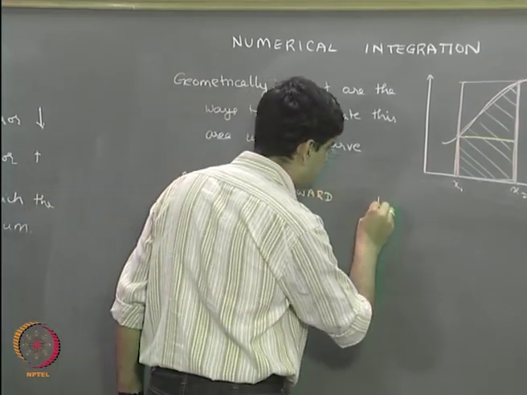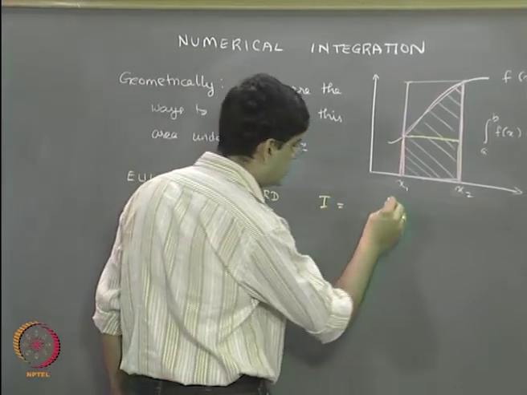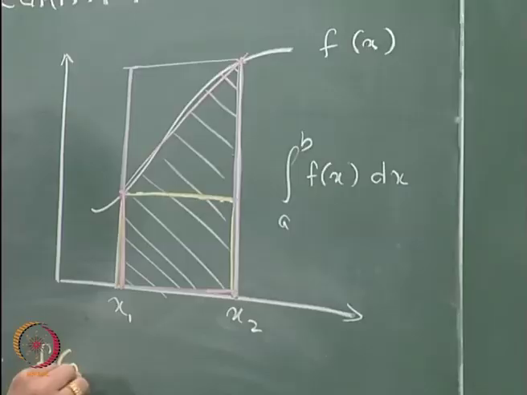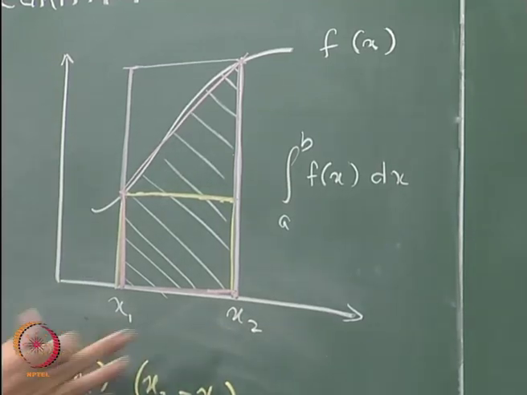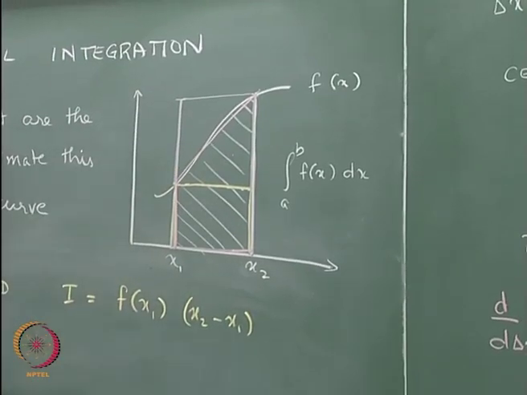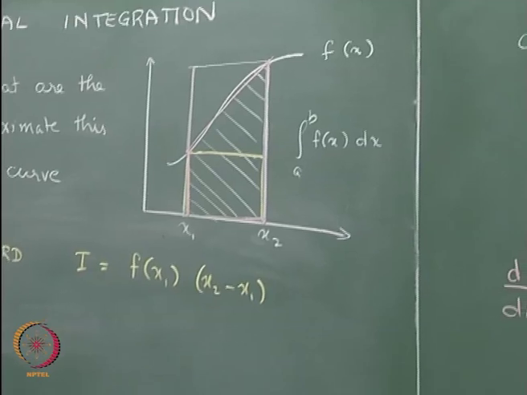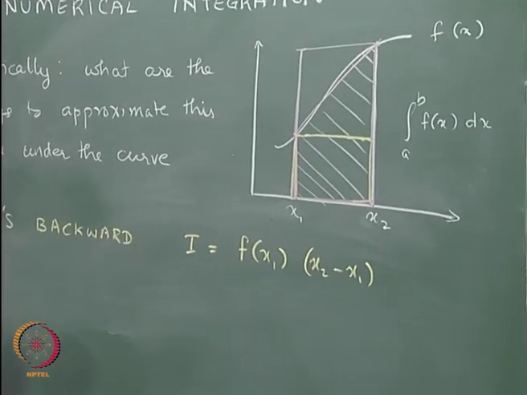okay, in which the integral I, we will write that equal to f of x1 multiplied by x2 minus x1. Okay. The length of this segment is x2 minus x1, the length of this segment is f of x1. So the integral I is going to be nothing but f of x1 multiplied by x2 minus x1.